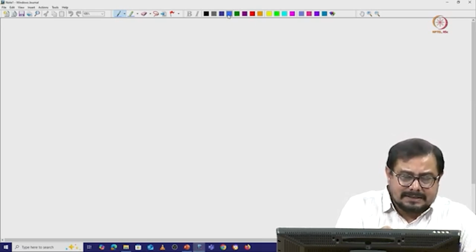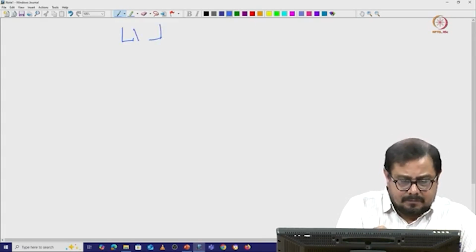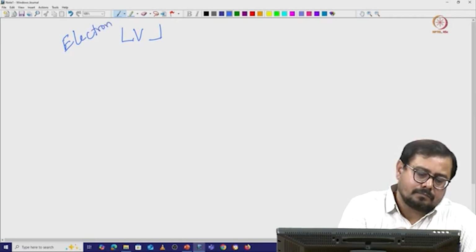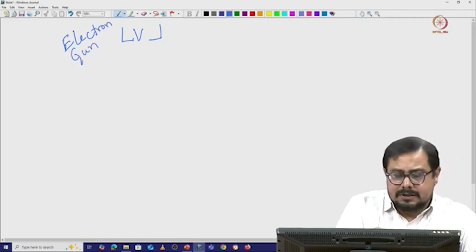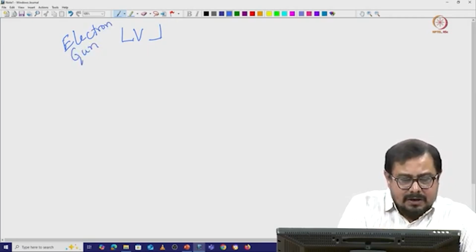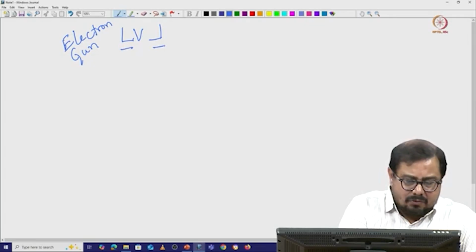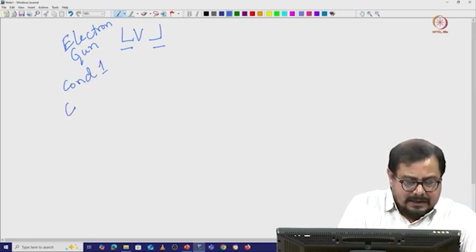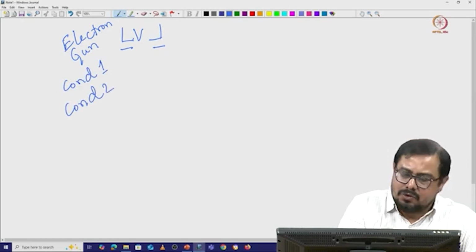So if we consider, we will always say we have an electron gun. So this is an electron gun. Then first we will get the anode here, and after that the condenser lens 1 and condenser lens 2.